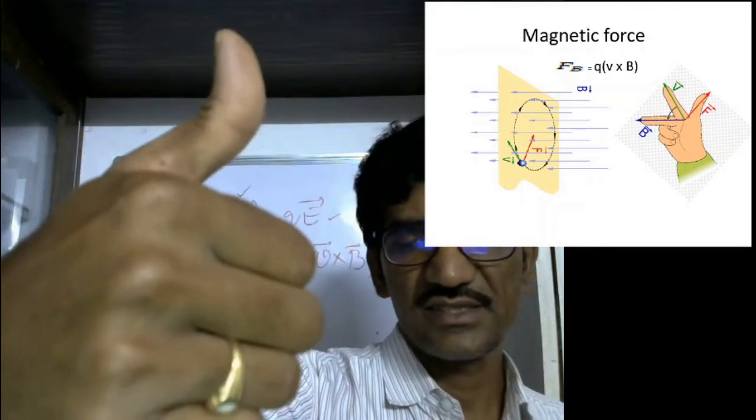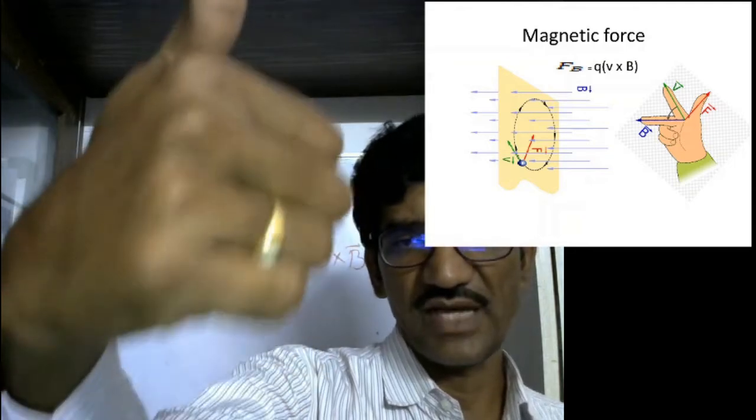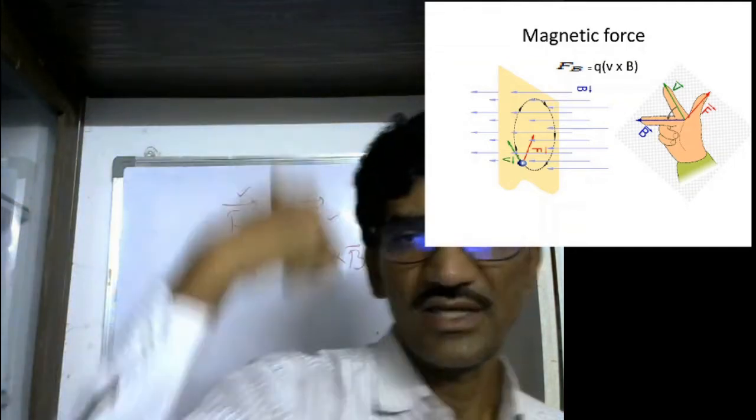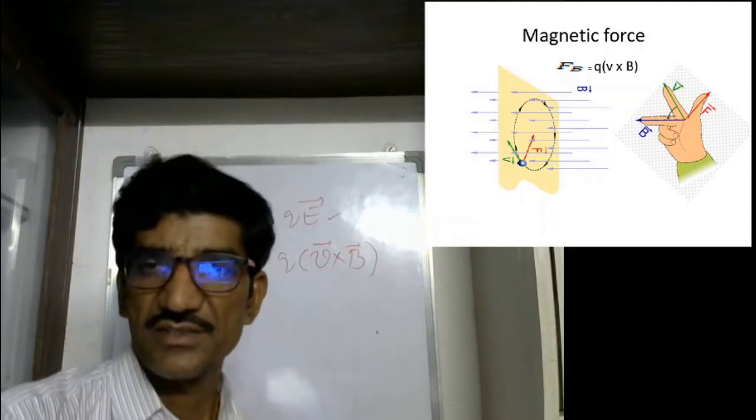Your fingers are bringing the v vector towards b vector. In that case, the magnetic force direction will be upwards. You can see this in the slide also.